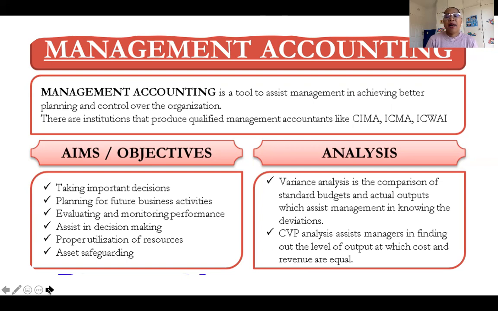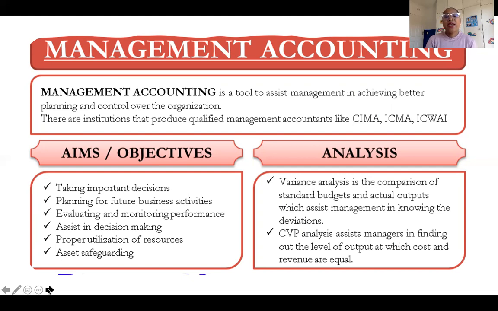The skill set that management accountants have can also be found in a general financial accountant. So make sure when you approach a financial accountant or a management accountant that they have both skills, management accounting and financial accounting. They are not the same, but each can have the competencies.